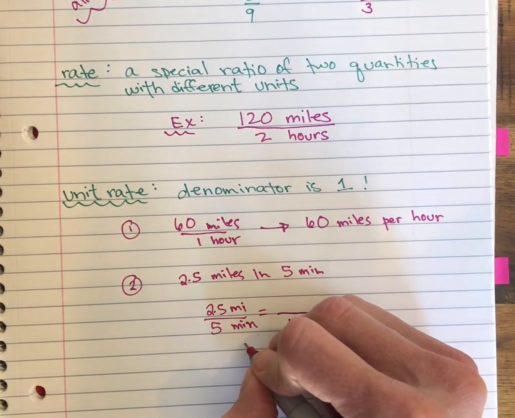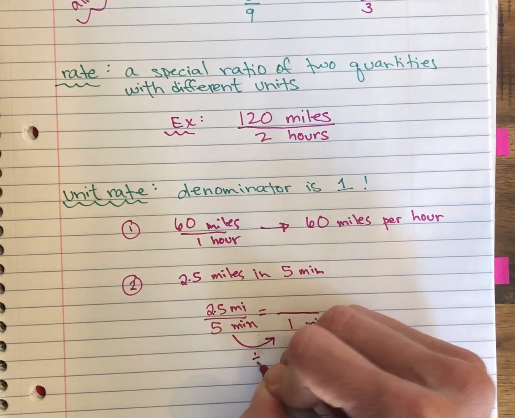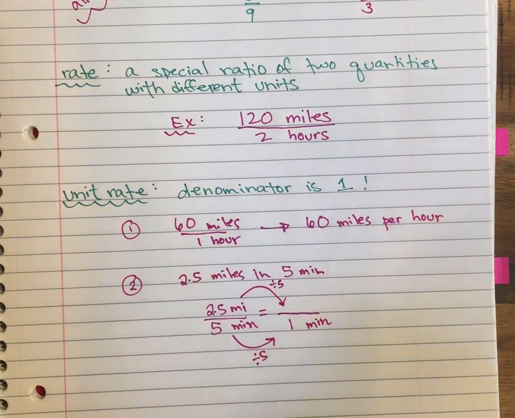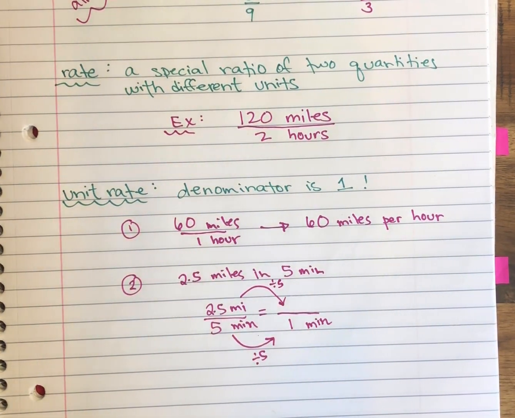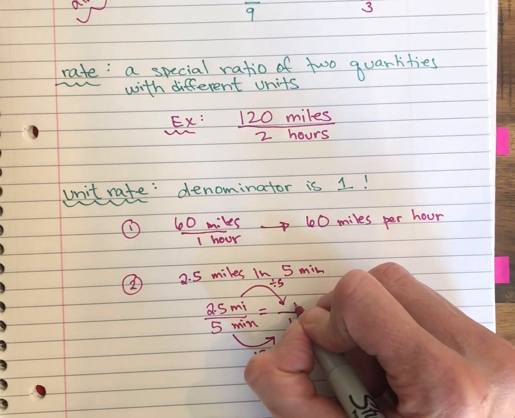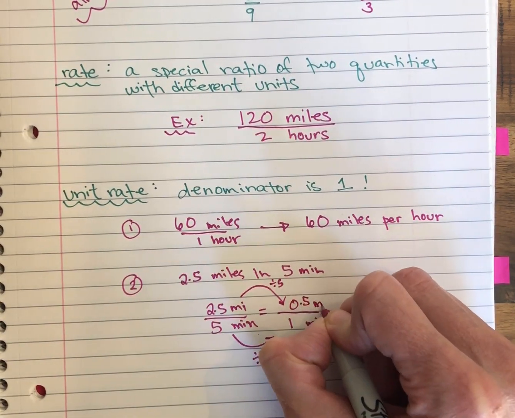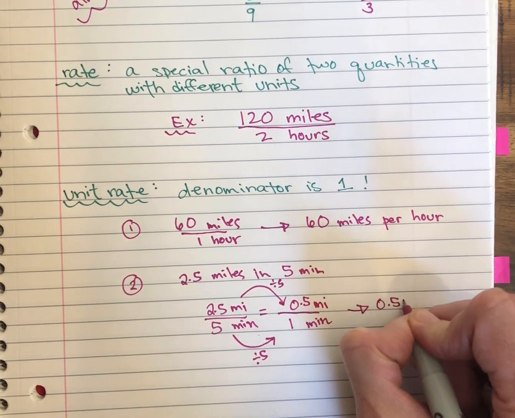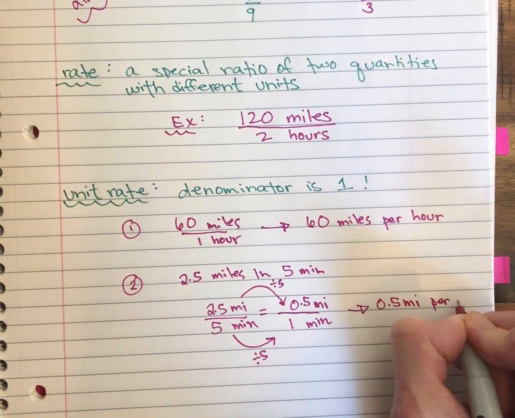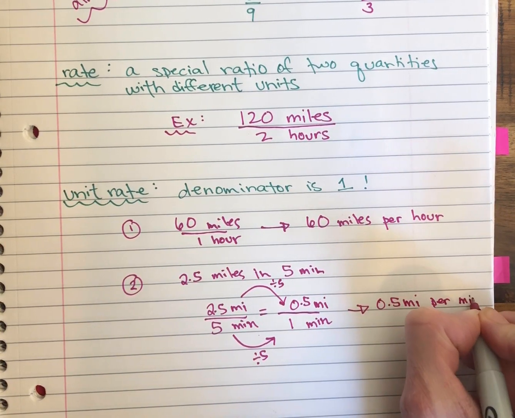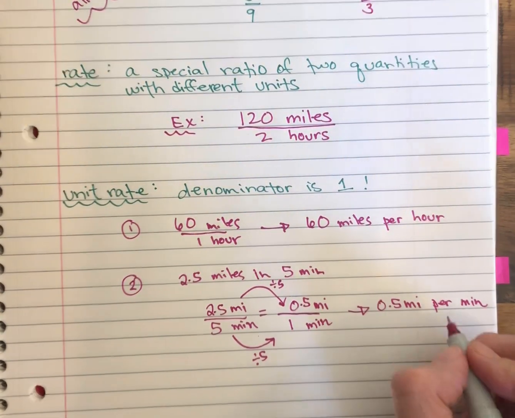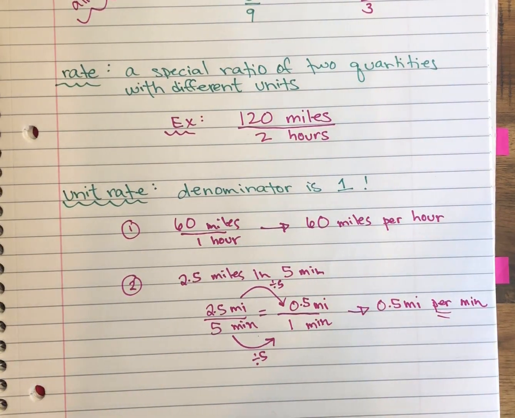By dividing by 5. These are like our ratio tables that we did. Divide by 5. And you can work that out off to the side if you need to. But 2.5 divided by 5 is 0.5. So then we would write that as half a mile, 0.5 miles per minute. Wow, that's pretty fast. Okay. So again, you want to make sure you use the word per for unit rate. Okay, so those are all review concepts.